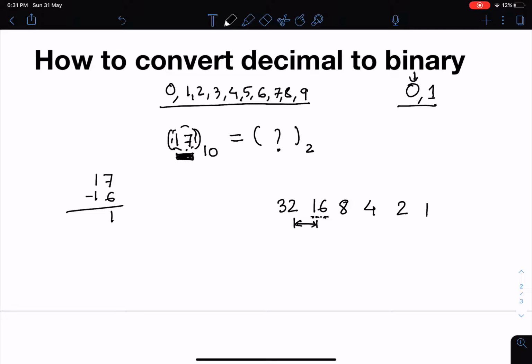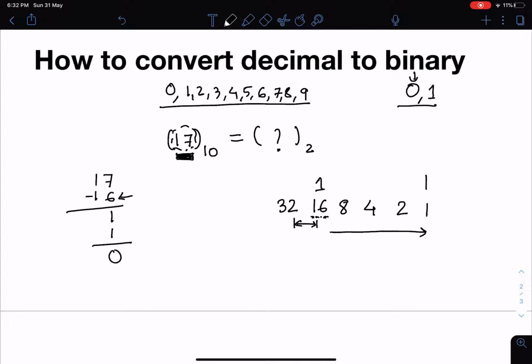As we subtracted 16, we put 1 on the head of this 16. Then 1 is there. In this series, only 1 is available which we can subtract from this remainder, so write 1 there and put 1 on the head of this one. Now we have 0 remaining.